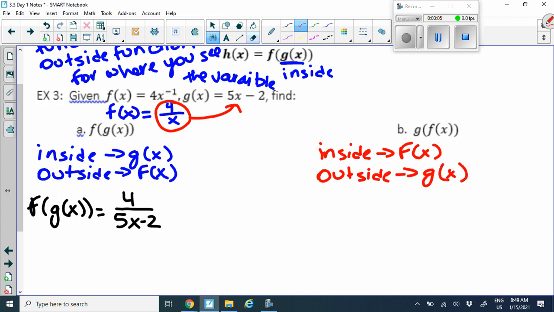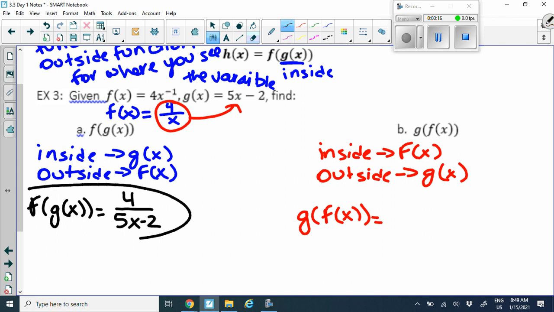I'm going to plug the 4 over x into where I see x on my other one. So for g of f of x, I have 5, and then I have 4 over x minus 2.